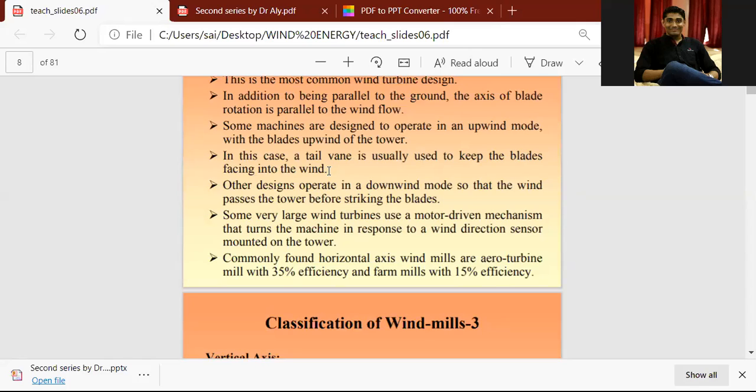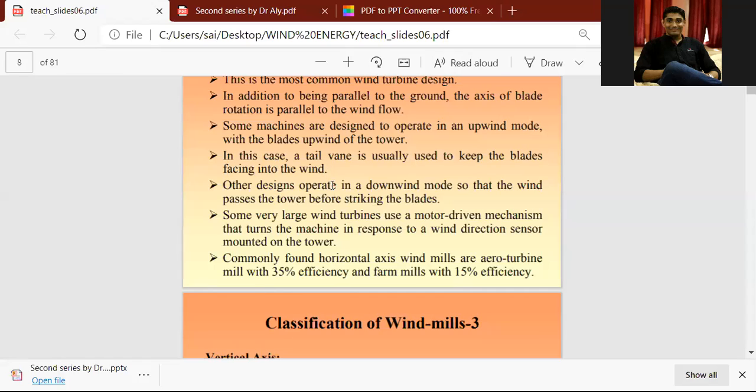In a horizontal wind turbine, the face of the turbine has the blades, so the wind flow is directly targeted over the blades in order to rotate them properly with higher rotational velocity. This rotational velocity of the blade is converted into electricity with the help of a gear mechanism by running the generator. The shaft rotates and produces electricity.